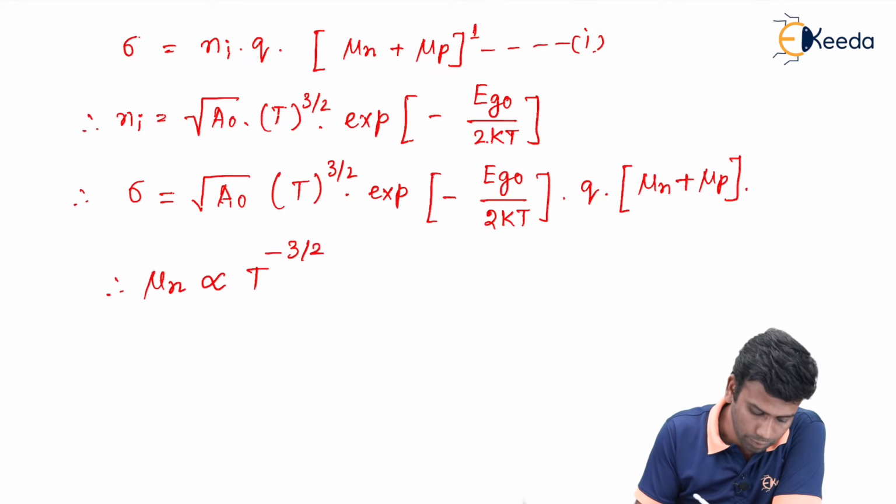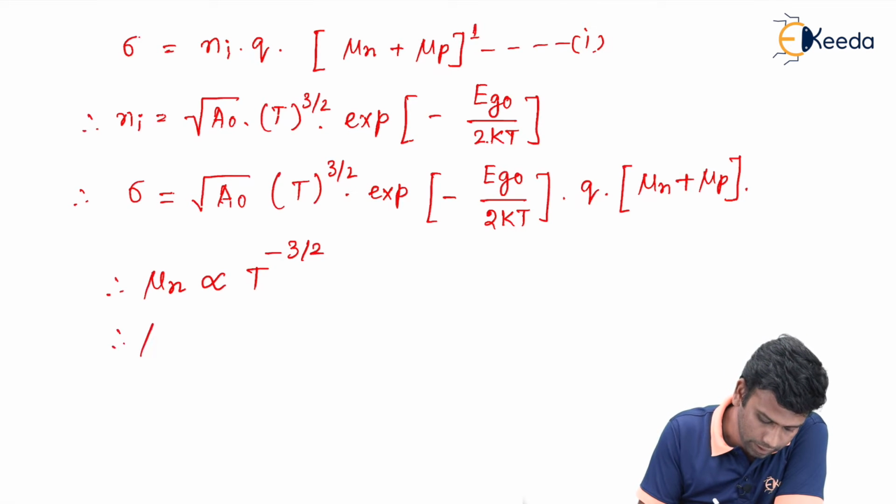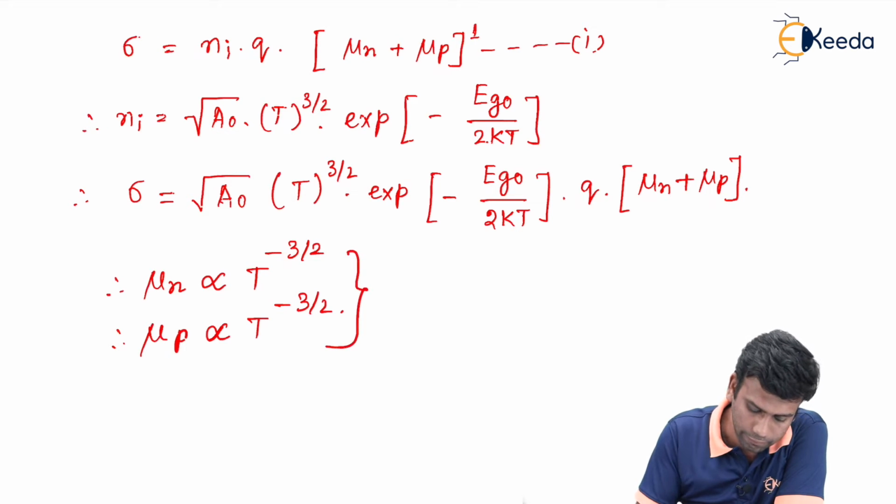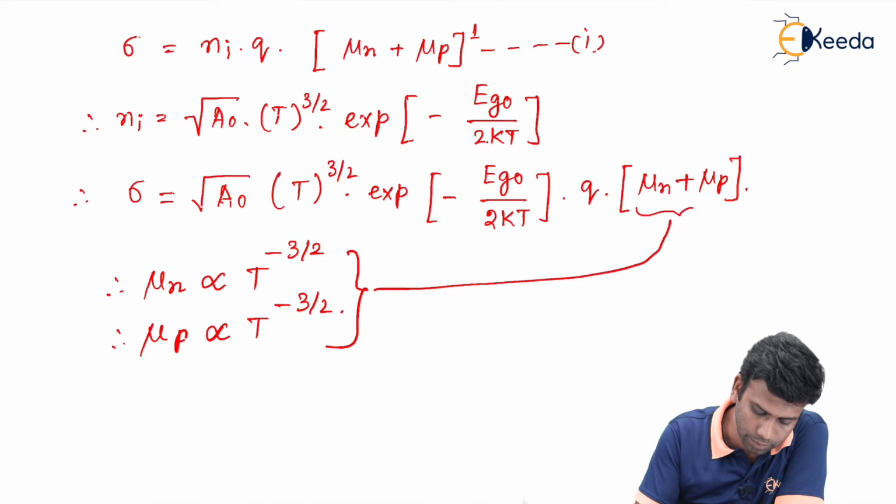Similarly, the mobility for the holes can also be written as proportional to T to the power minus 3 by 2. Now this mobility value can be substituted in this position.